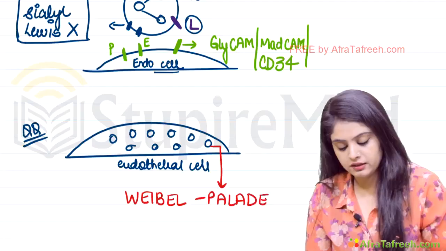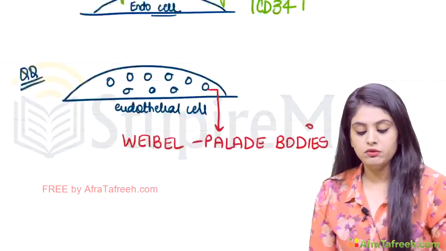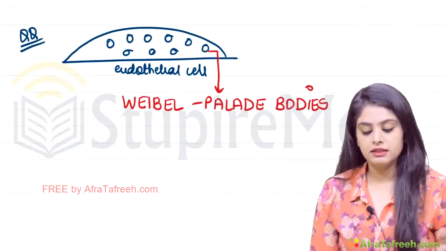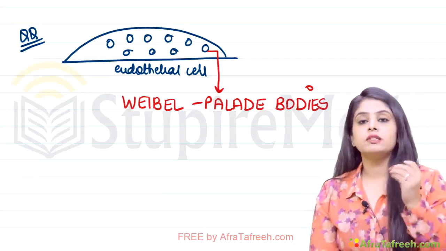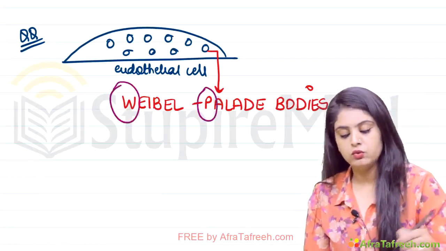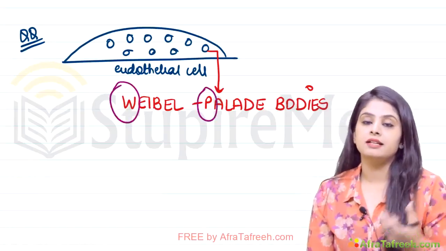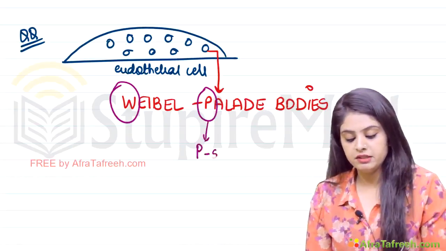Students, very important, Weibel-Palade bodies. First of all, you need to know where are the Weibel-Palade bodies present. They are present in the endothelial cells. What is their composition? What are these bodies containing? So, if you just focus on the two letters, Weibel-Palade, W, P. So, P will stand for P-selectin.